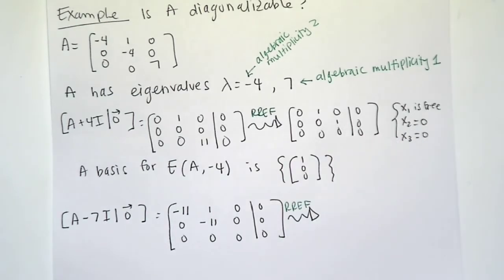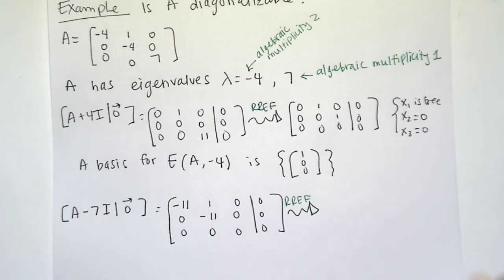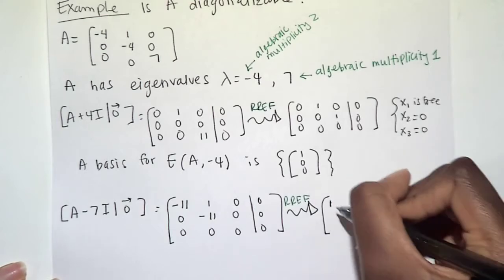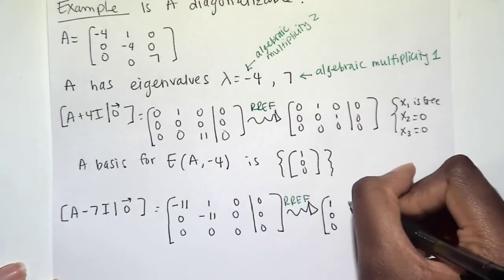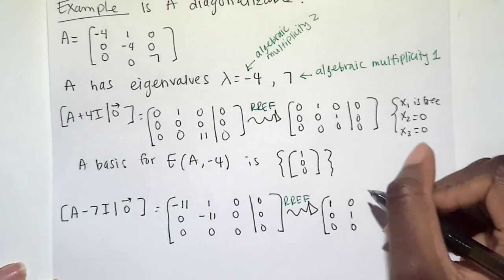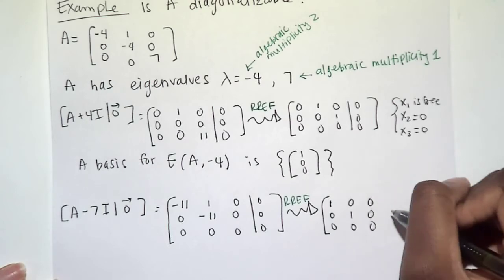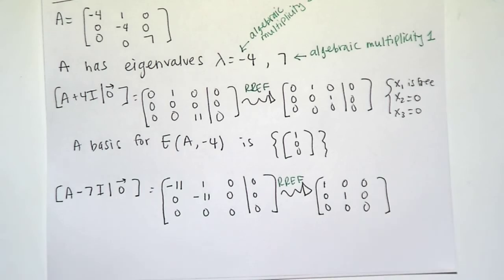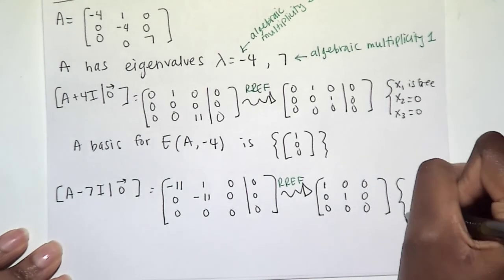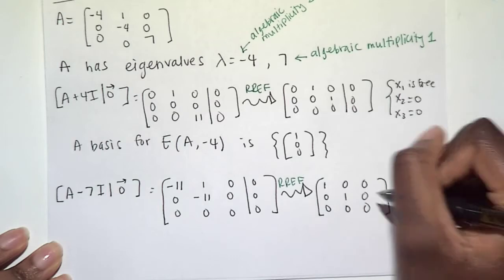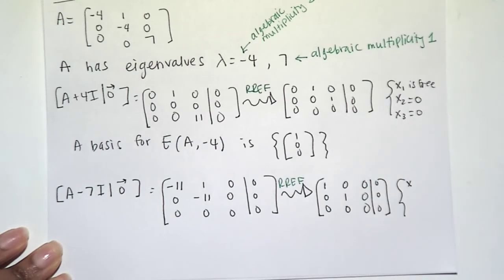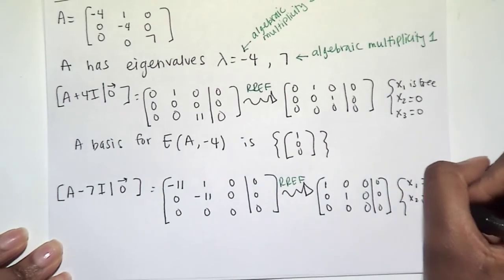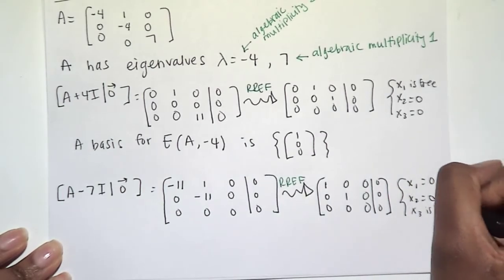Then when I put my matrix into RREF, down my columns, I have 1, 0, 0, 0, 1, 0, 0, 0, 0. The general solution, that one's a little easier. X1 is 0, x2 is 0, x3 is free.